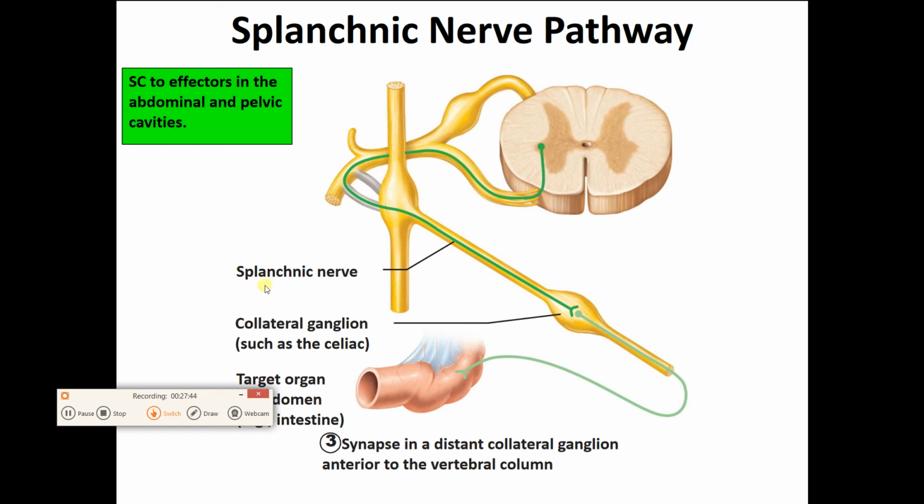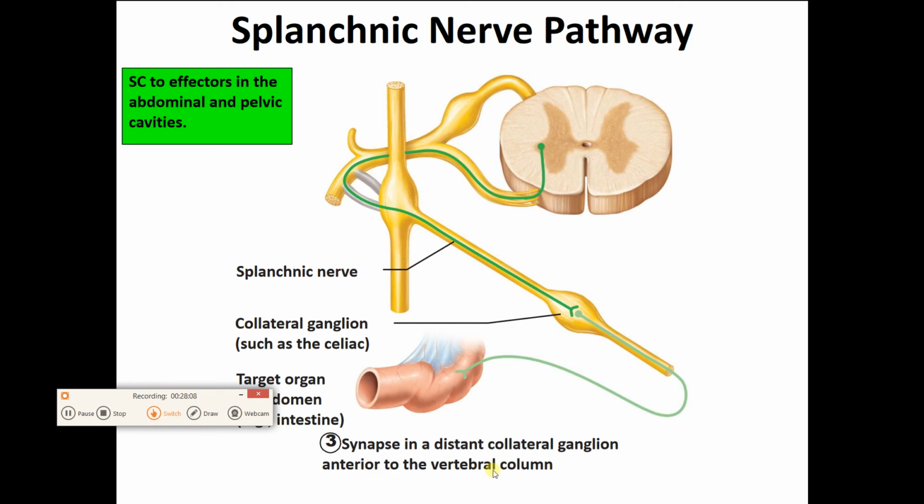And we'll take that nerve to a ganglion along that nerve, called a collateral ganglion. And in there we'll meet our postganglionic neuron, and he will go onward to our target tissue. The collateral ganglions are sometimes called prevertebral because they're anterior to the vertebral column.